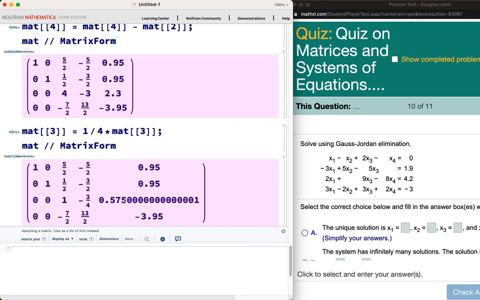Now here we do have some round off error happening. Don't worry about it. It's okay for now. And then the second row is equal to the second row minus 1/2 times the third row.